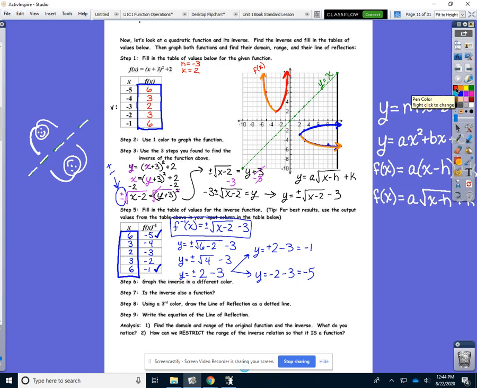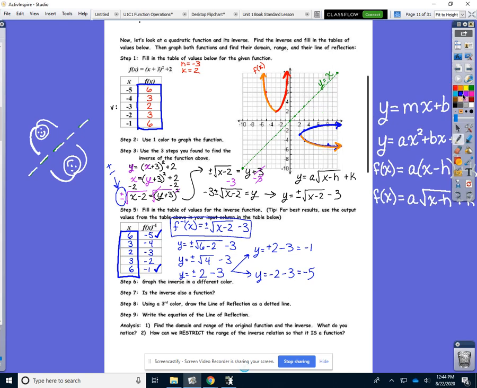A couple of things I want you to notice about that sideways parabola. First of all, here's our vertical line test. If we take a look at the original function, the quadratic, this passes the vertical line test. But when we get over to this side, this does not pass the vertical line test.